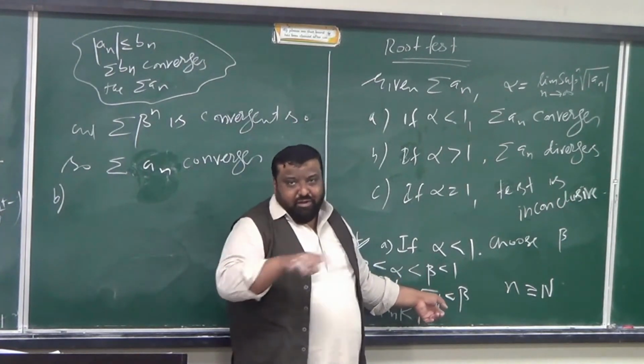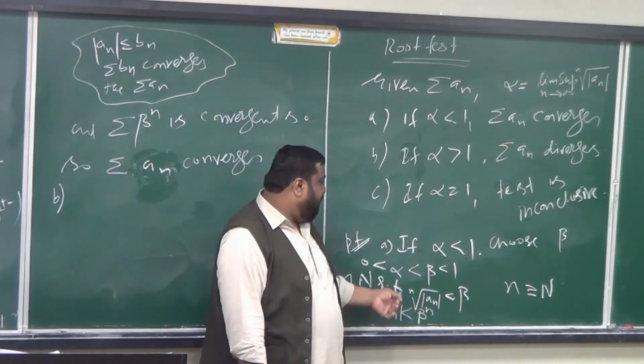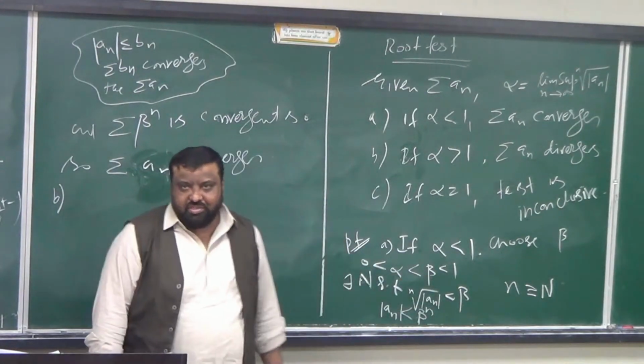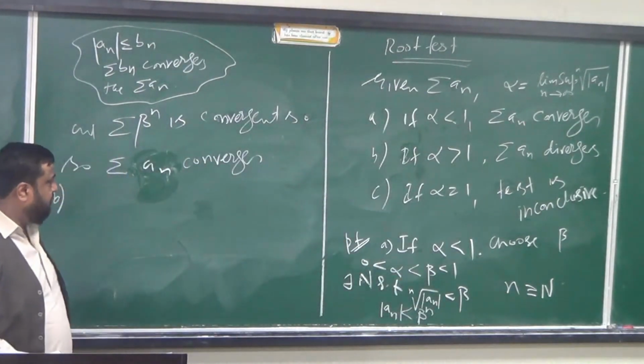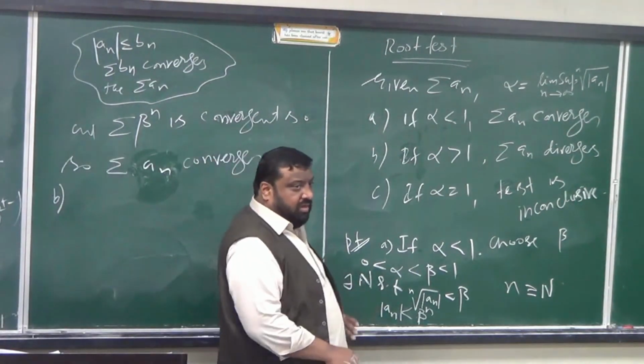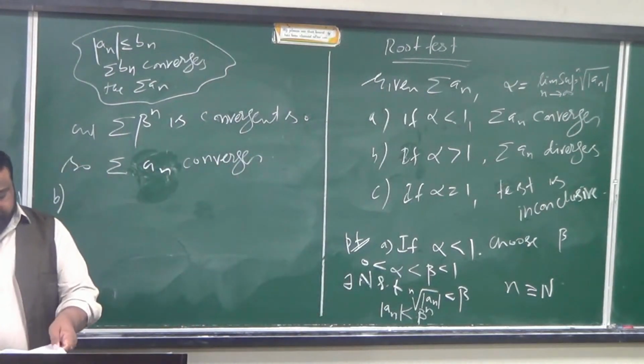But you know the series of ones diverges, so it's not going to give you any information. Therefore, you are introducing beta. This is simple. Let's move ahead.